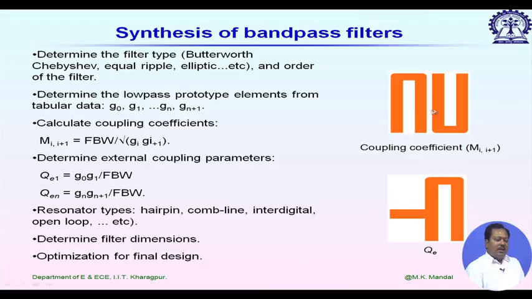For any given specification, how do we implement a filter? This we call synthesis steps. First, we have to choose the type of polynomials depending on the requirements: passband group delay variation, passband S21 variation, then stop band attenuation requirement, skirt selectivity.